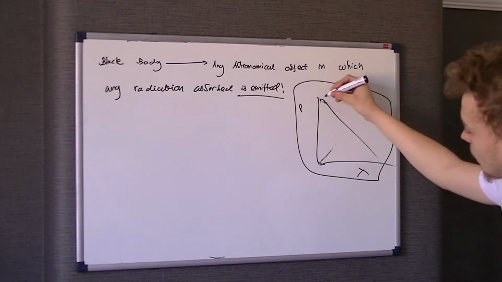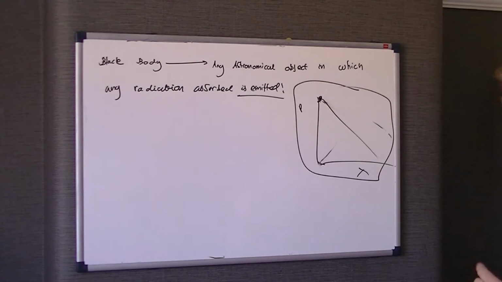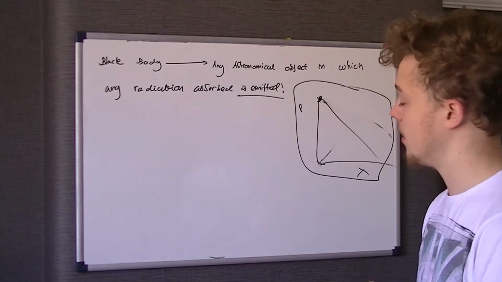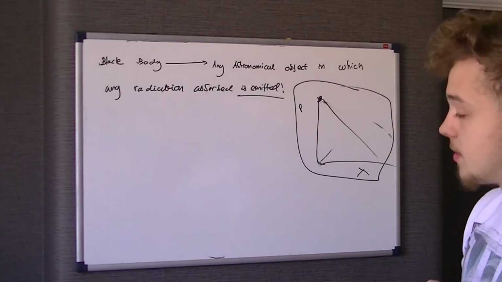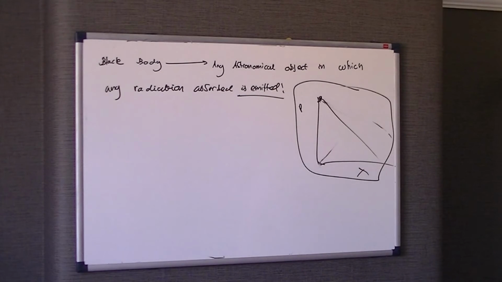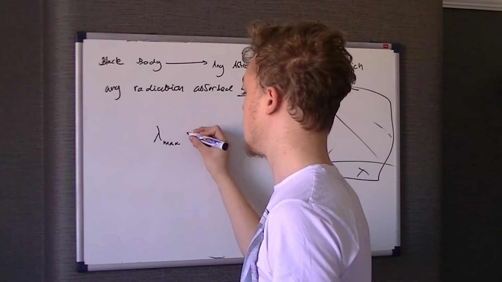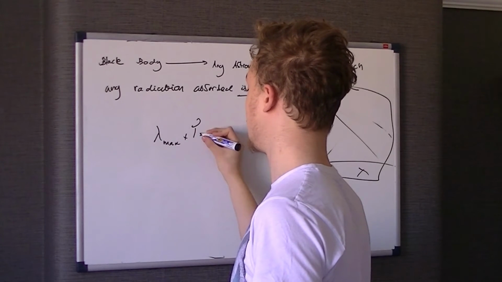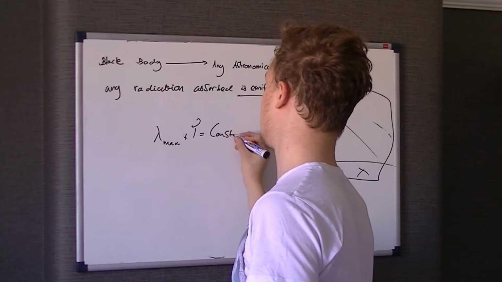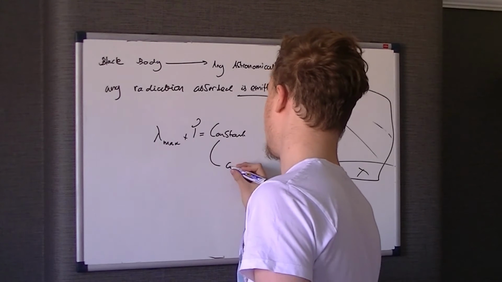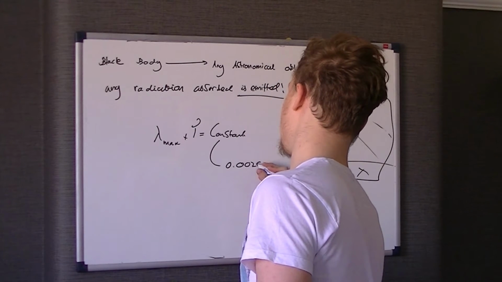But this peak wavelength up here, how would we calculate it? This is given by Wien's displacement law, which says the maximum wavelength times the temperature is always equal to a constant, where this constant is 0.0029 mK.